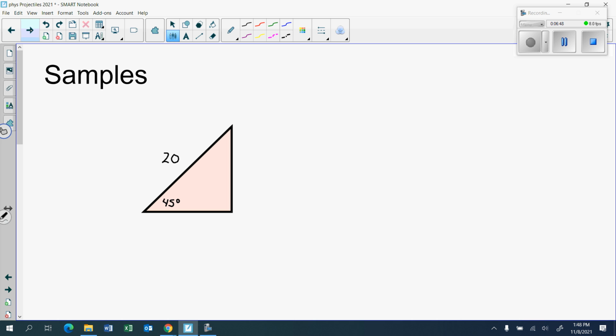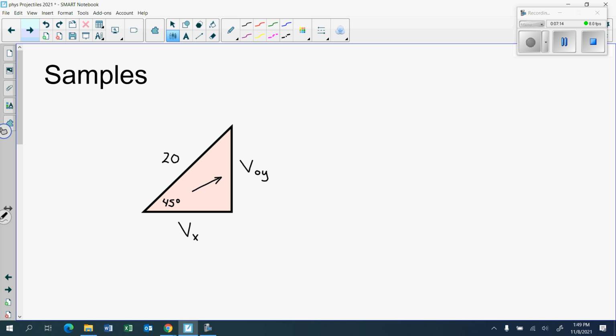I have a 45-degree triangle given with a value of 20 for the hypotenuse. So since we're typically using this with our two-dimensional projectiles, I'm going to use VOY and VX because those would be the letters that I would use. I can look at this right here, and I know that each side should be the same size.